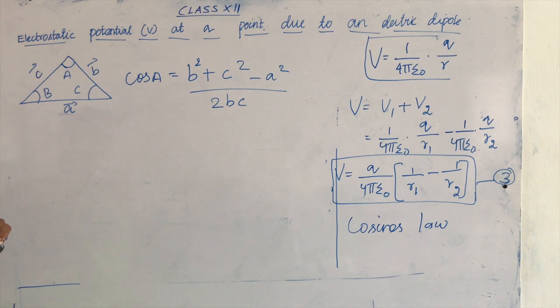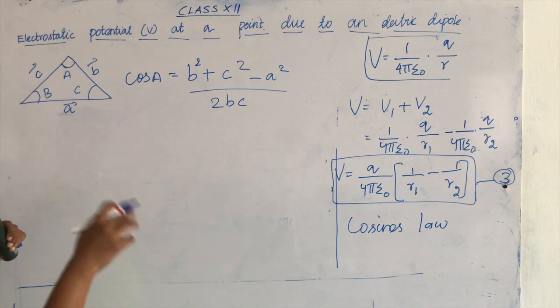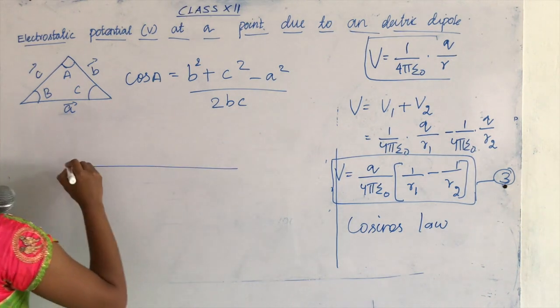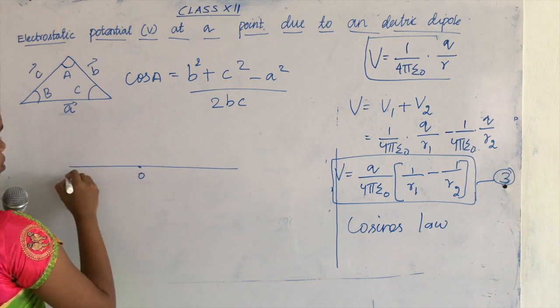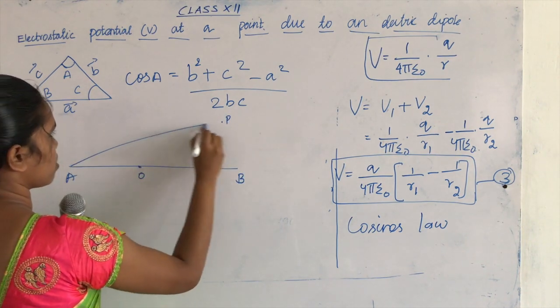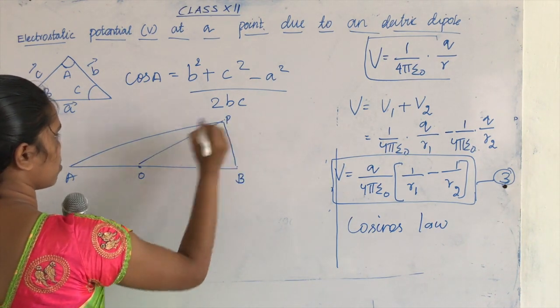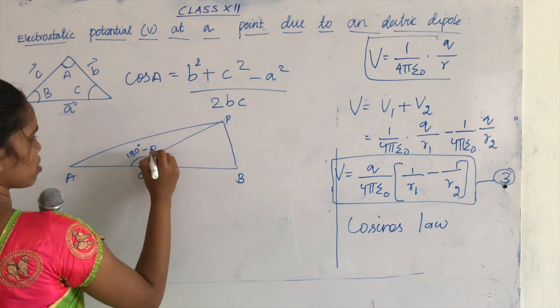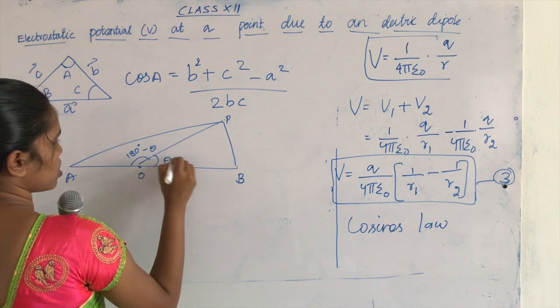We are going to apply it here. See the picture. There are two triangles, isn't it? O, A, B, and this is the point P. This is 180 degree minus theta, this is theta.